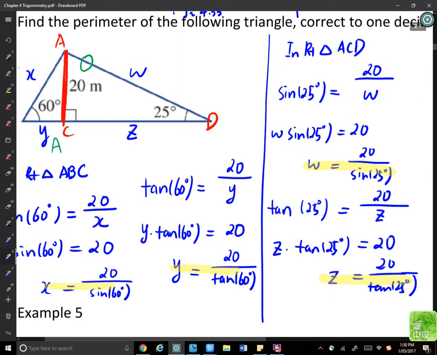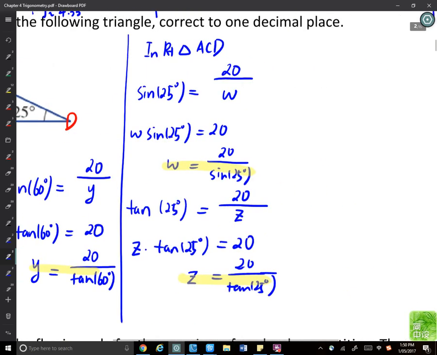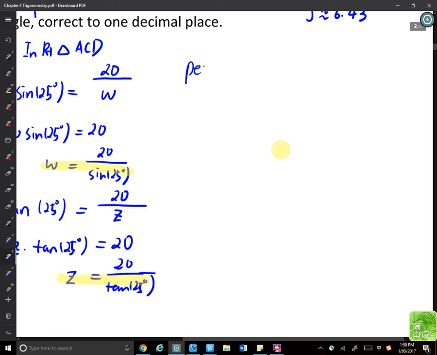I have x, y, w, and z. And perimeter equals w plus x plus y plus z.